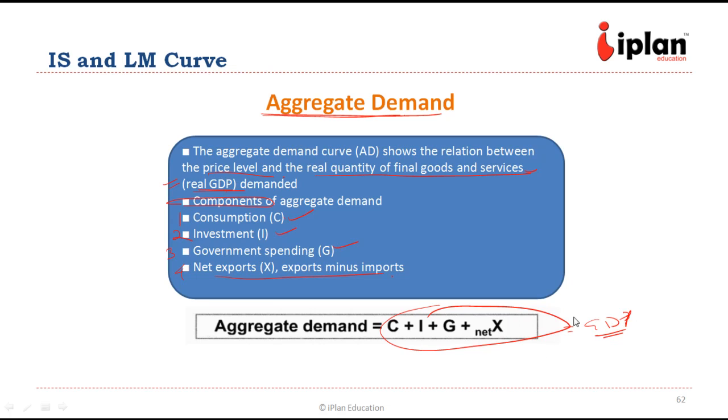This is basically the aggregate demand in an economy at a particular price. So this is our aggregate demand curve at various prices, and this is our aggregate supply curve at various prices.